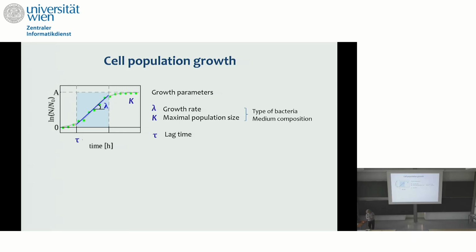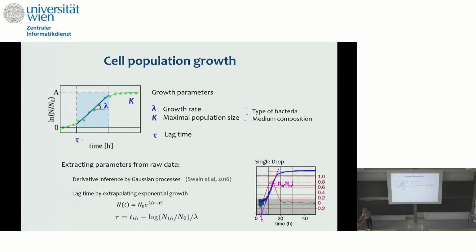These two parameters, growth rate and maximal population size, of course depend on the type of bacteria, on the medium composition, etc. But the lag time is the more complex one. I'll talk more about that later, but it depends really on a lot of detail and history of the problem.